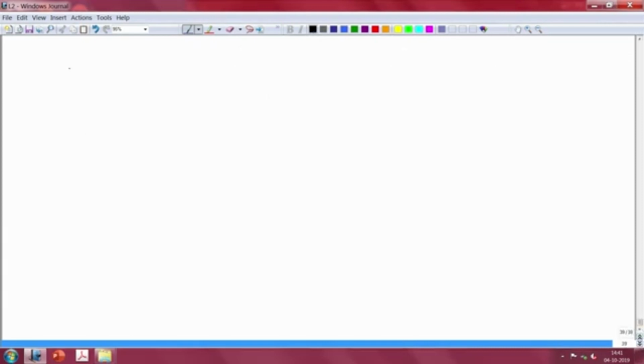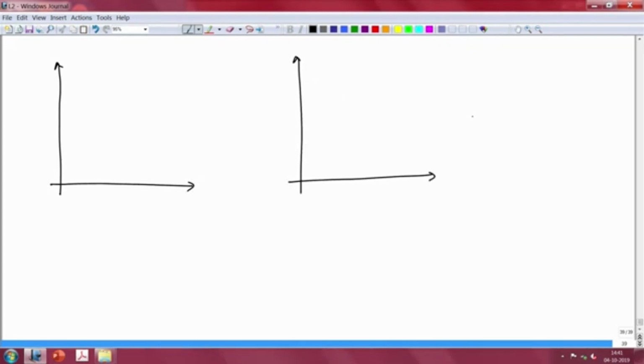I will just draw three graphs. In the first case, you have the input to the signal sigma 1. So, this is your j t comma sigma 1.